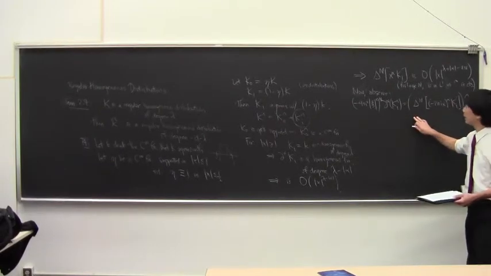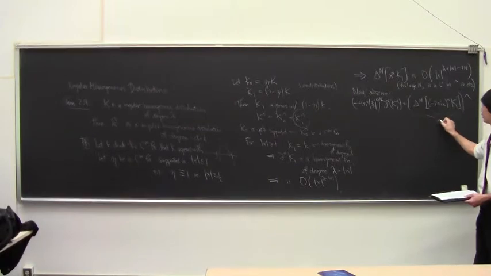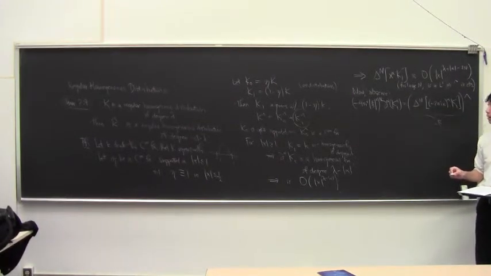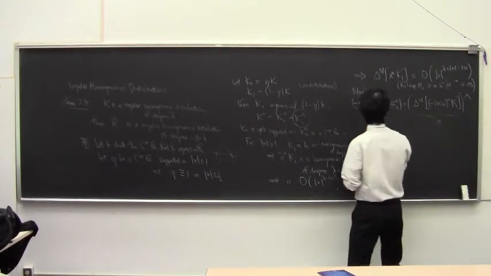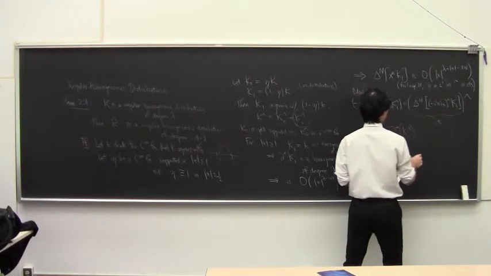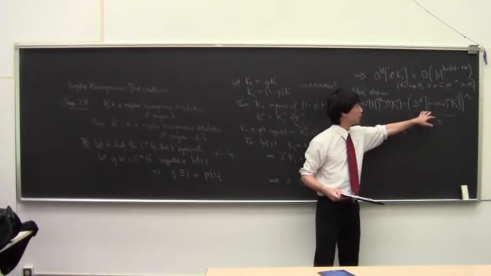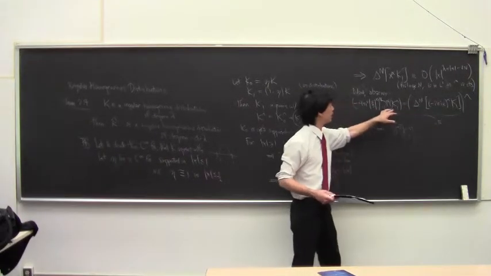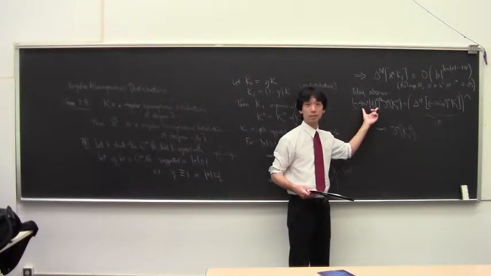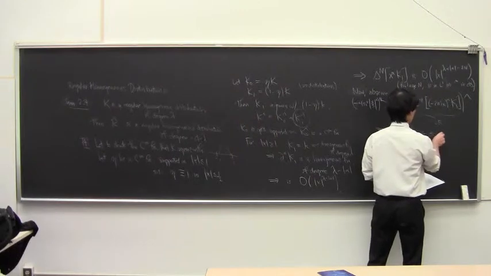Okay. So if we take large enough n, we know that this is a continuous function, divided by this thing, and so it's going to be continuous away from the origin.